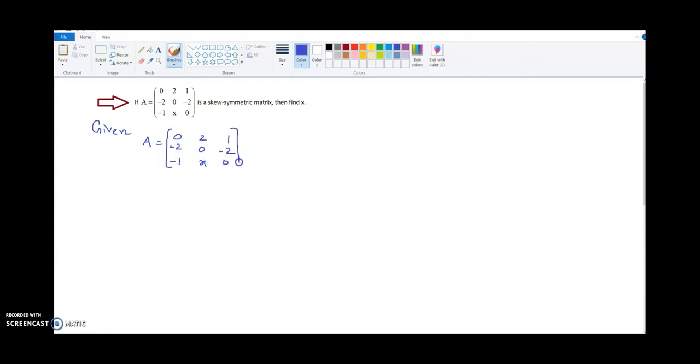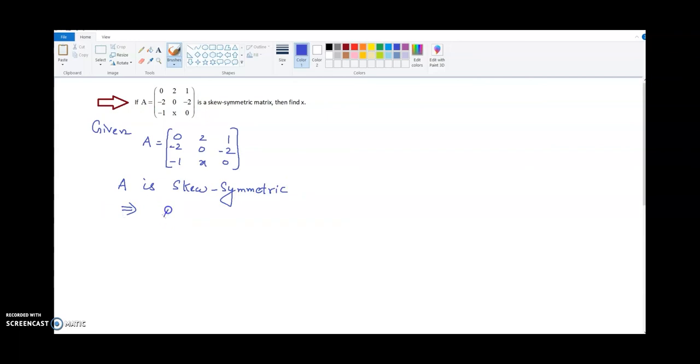So this is a matrix A which is given to us. We are given that this is a skew-symmetric matrix. We are asked to find what is the value of x.